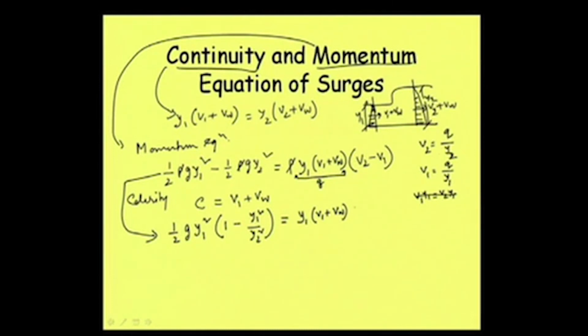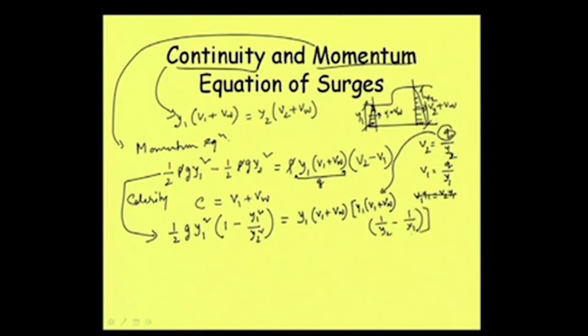This discharge is nothing but y1 into v1 plus vw, and bringing it common, inside will be 1 by y2 minus 1 by y1.